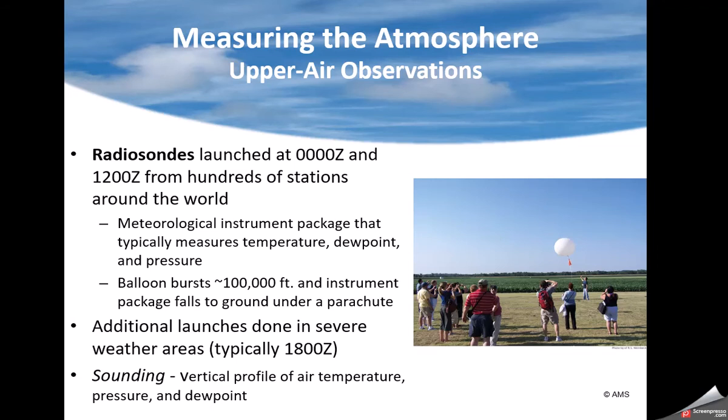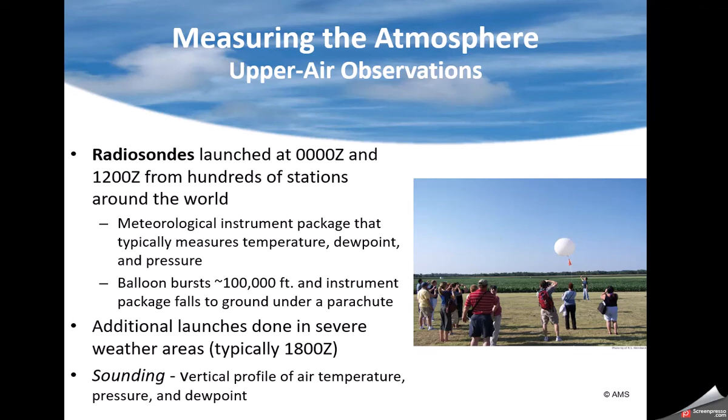So how else do we observe? Well, we just talked about the atmosphere going up about 20 miles. I want to know what's going on in the whole atmosphere. I don't want to know just here where we live, down on the surface, because the whole atmosphere is going to impact what happens down here at the surface. So one of the instruments that's used is a radiosonde. Literally, we send it up on a balloon. It goes up to about 100,000 feet.